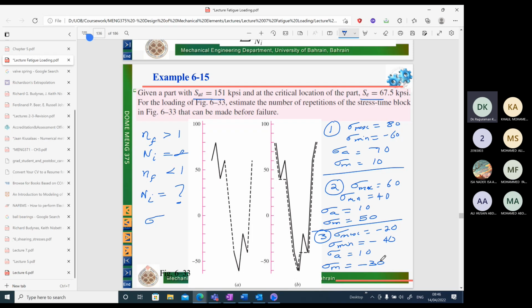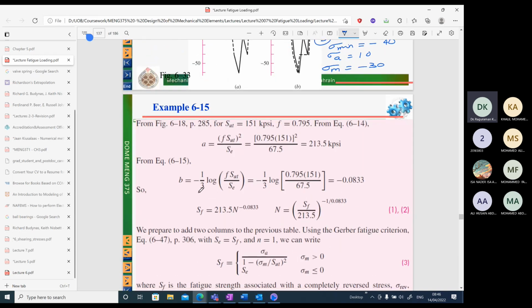So first I need to find for each case, if it is positive mean stress, what is the reversible number of cycles, and then I use my standard formula given here by finding A, B and fatigue fraction.